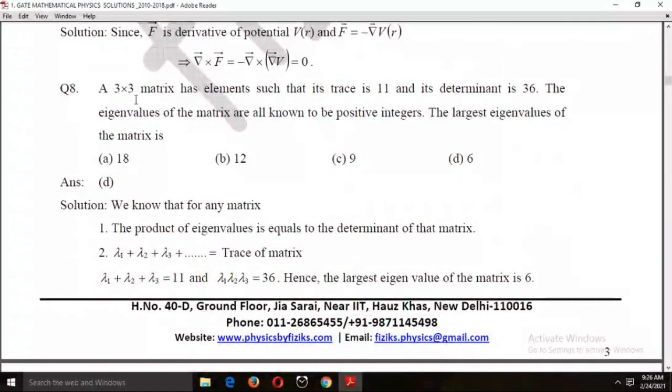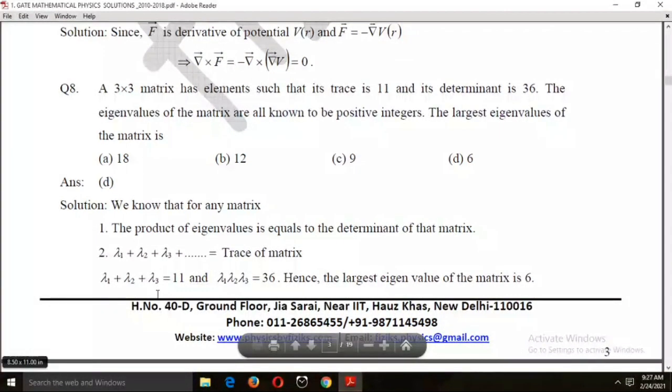Next, a 3 by 3 matrix has elements such that its trace is 11 and its determinant is 36. The eigenvalues of the matrix are all known to be positive integers. The largest eigenvalue of the matrix is... So here we know that the product of eigenvalues is equal to the determinant of the matrix, and lambda 1 plus lambda 2 plus lambda 3 equals the trace of the matrix.